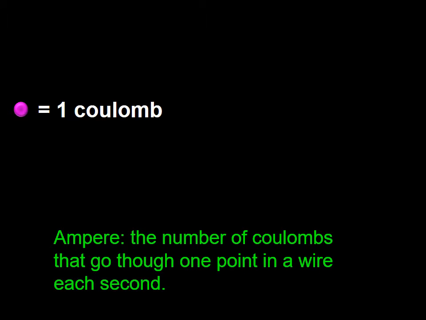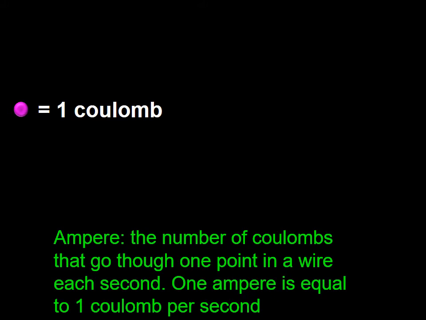The ampere is the unit used to tell the number of coulombs passing through a point in a wire each second. 1 ampere is equal to 1 coulomb passing through a point in a wire in a second.